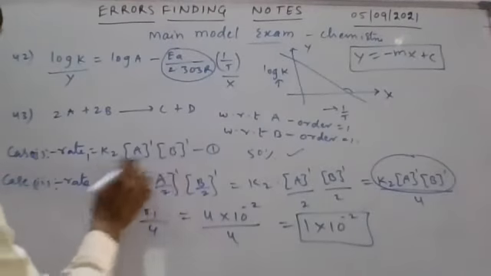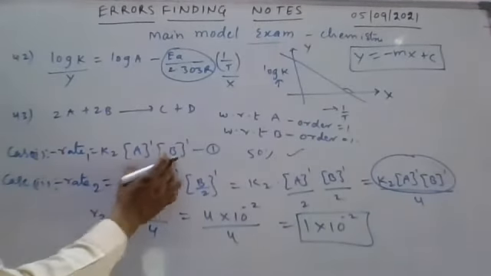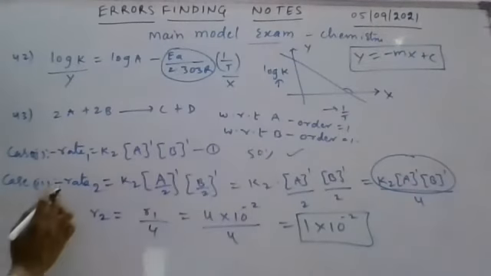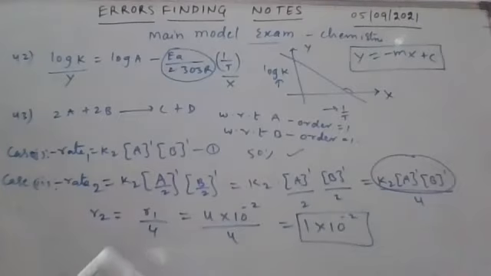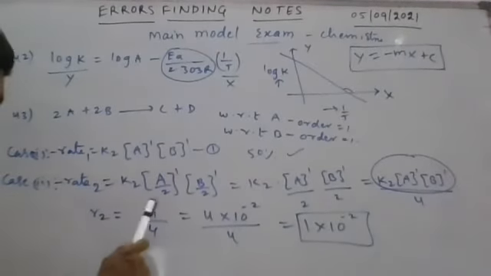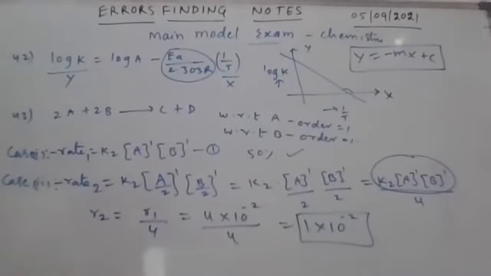Case 1: general order rate with respect to A and B, we can write the rate expression. After 50% of the reaction completion, A becomes A by 2, B becomes B by 2. We can relate the R1 and R2 expressions now. R2 is equal to R1 by 4, with the R1 value given in the question, divided by 4.